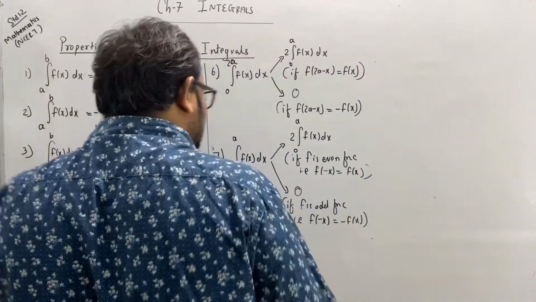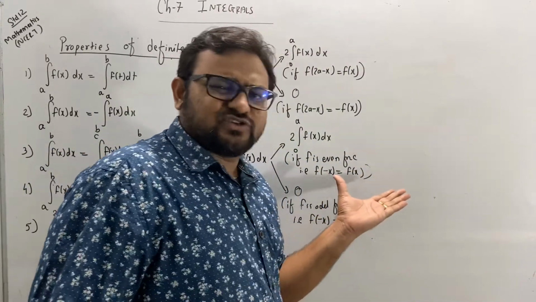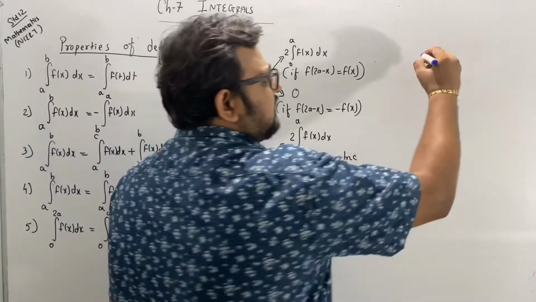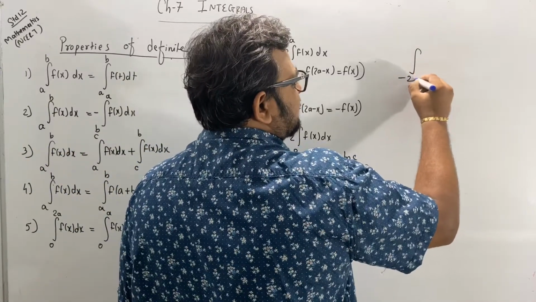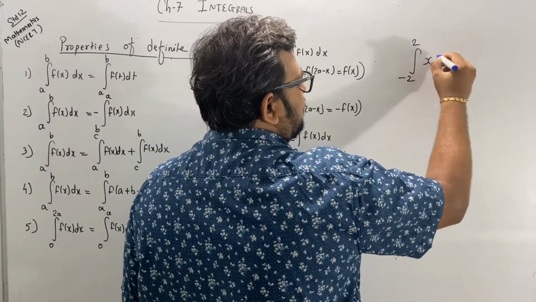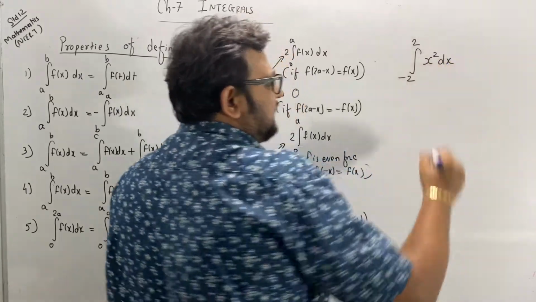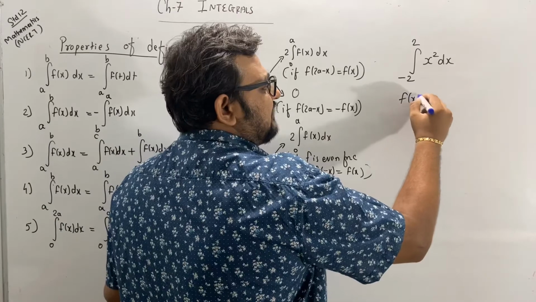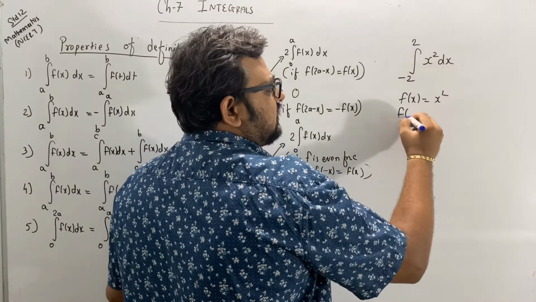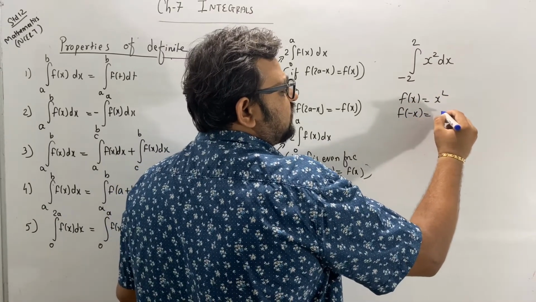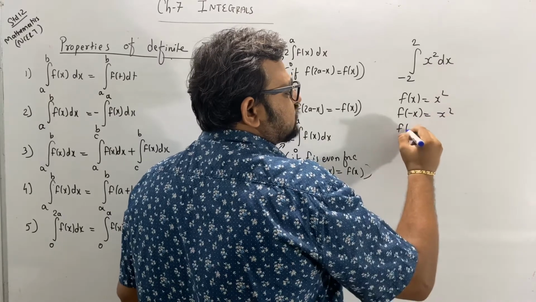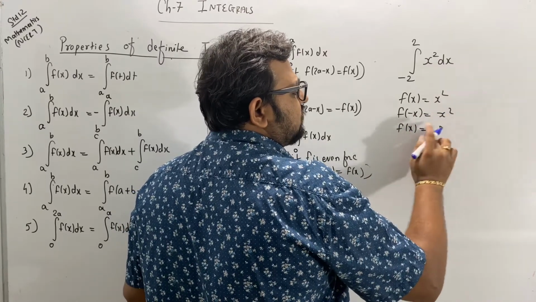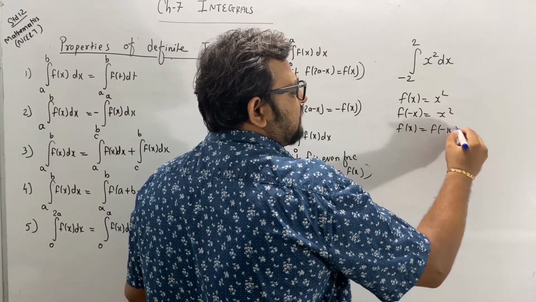First, let's take the example of an even function. We'll use the same function x square, that means the integration from minus 2 to 2 of x square dx. Now we know that f of x is equal to x square, and f of minus x is also x square. So f of x is equal to f of minus x.